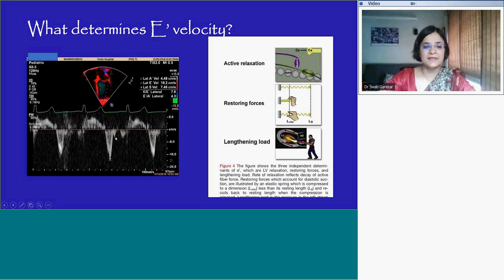The relaxation that impacts the peak E prime, it reduces. It doesn't increase as much.